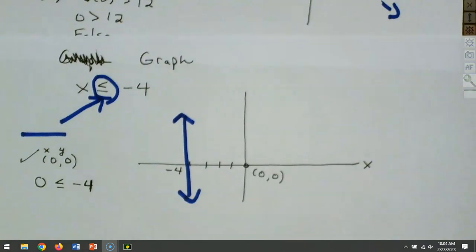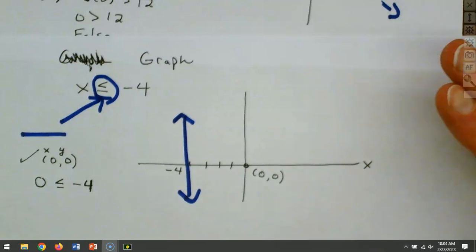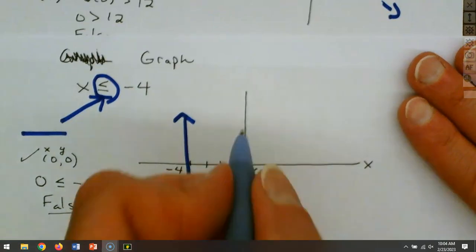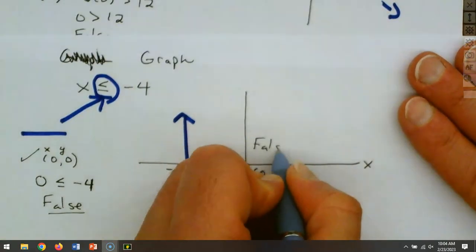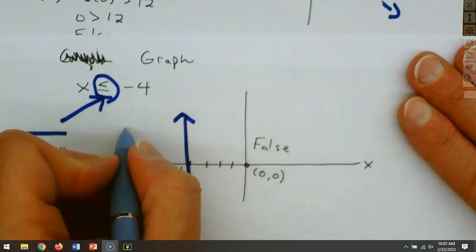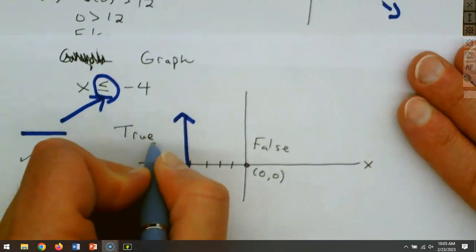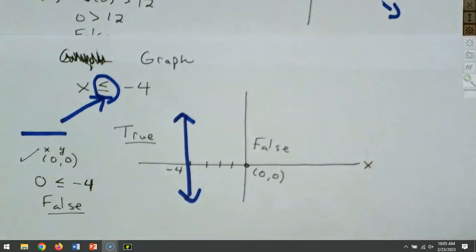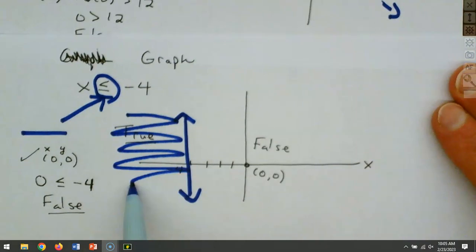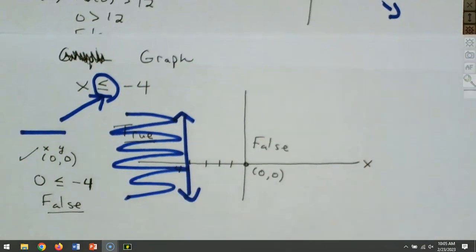No, right? That would be, in this case again, false, right? Because 0 is not smaller than a negative 4. So that means this half is false. The vertical line here separates the two. So the other half is true. And where do we shade? On the true side. And that's what we have.